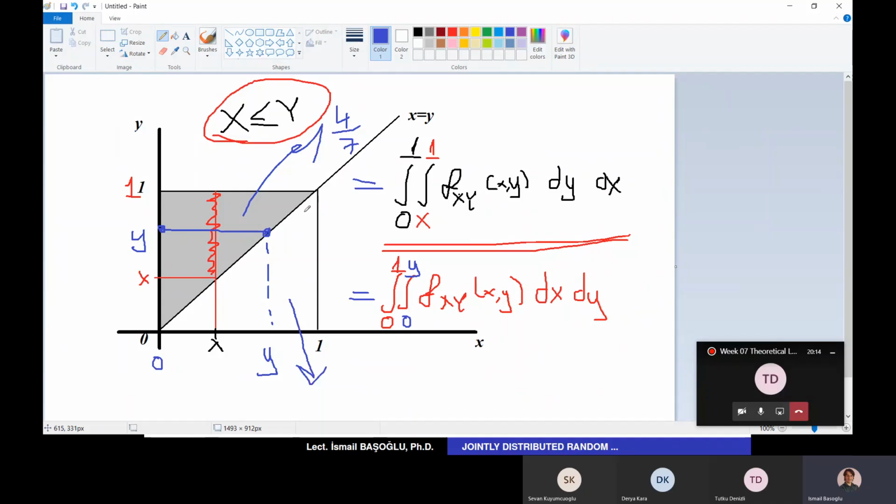And in the remaining region, which is the white region, the total volume under the joint probability density function is 3 over 7. But unfortunately, you are not seeing the function here. It is in the third dimension. You are just seeing its base. The function is in the third dimension, which is equal to 12x squared y to the power 3.